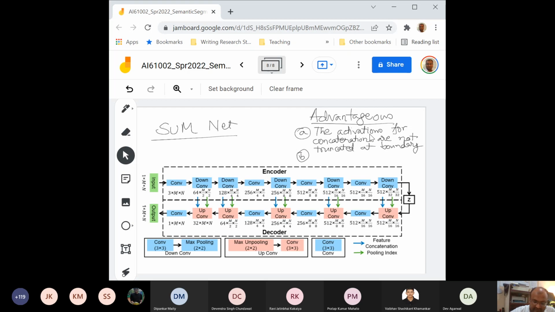The next part is that now that these activations are not truncated at a boundary, the other advantage which you gain is that it benefits from pooling index transfer. This is a huge benefit which it achieves over here.